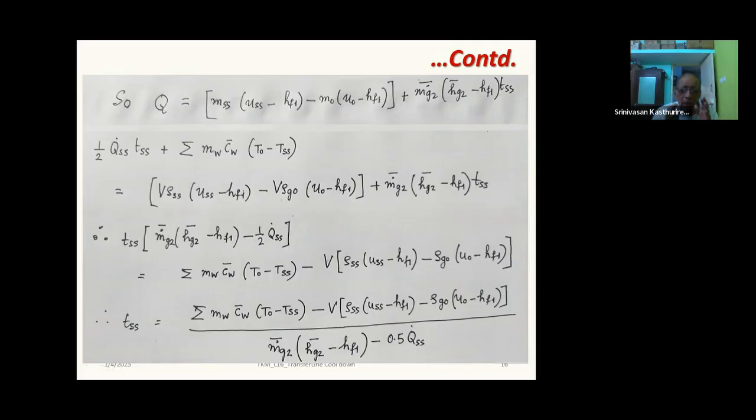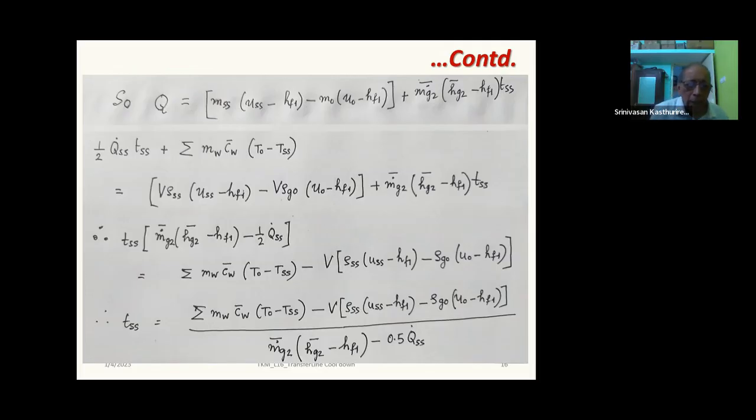This is the heat that is coming into the system starting from the initial cool down to the steady state. What is t_SS? t_SS is the steady state cool down time, the time to reach the steady state from the initial level. That is what is called the cool down time.